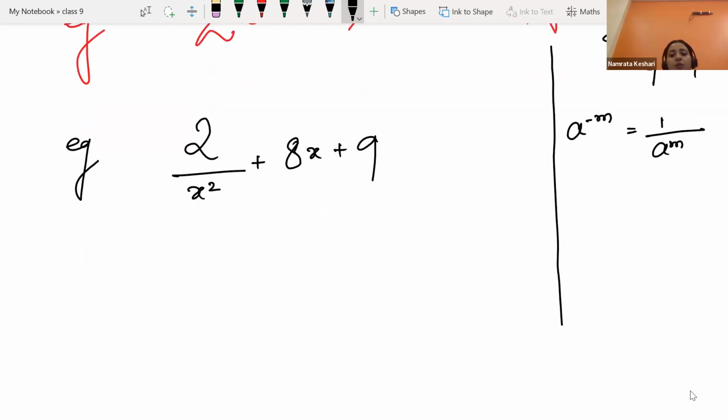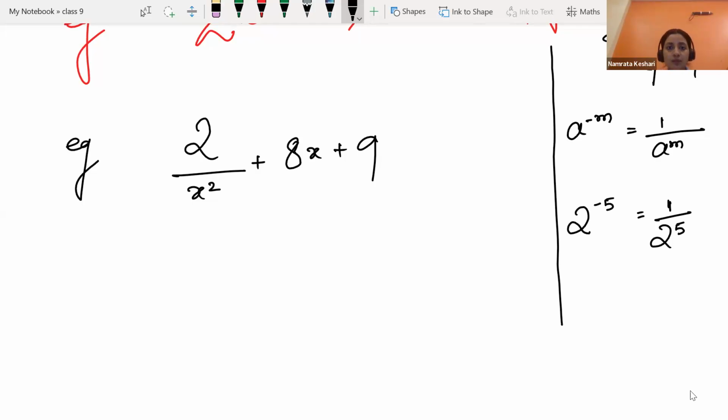If you are having 2 to the power minus 5, you can write it as 1 by 2 to the power 5. Basically, the rule says that if you are having a number, the exponent can be negative, can be positive. If you are switching the place from numerator to denominator, is that allowed mathematically?